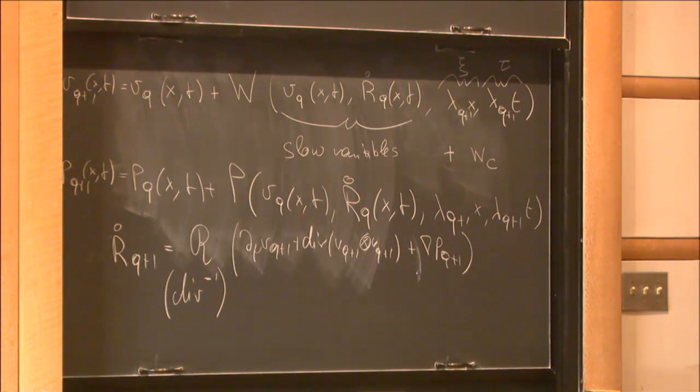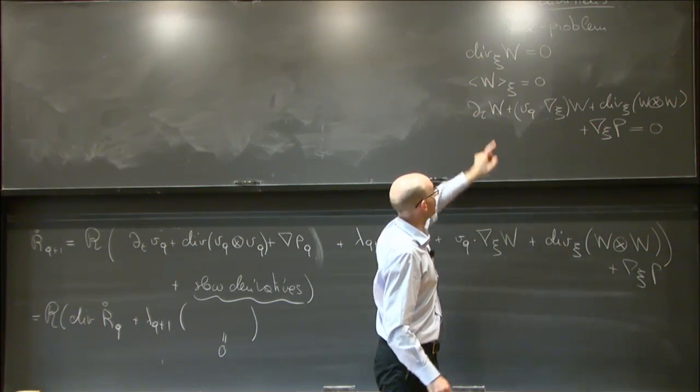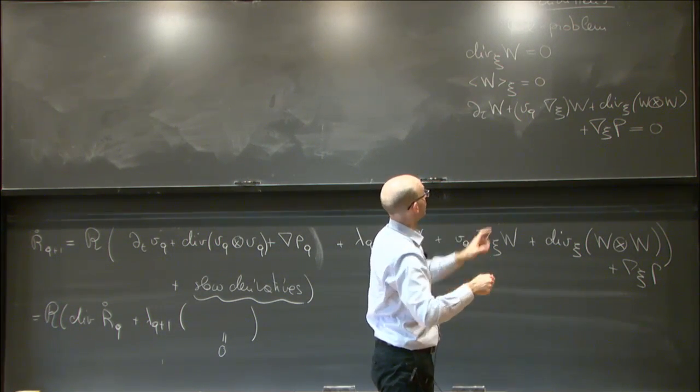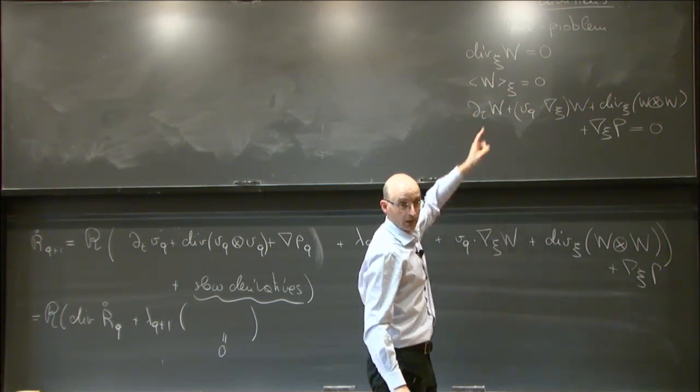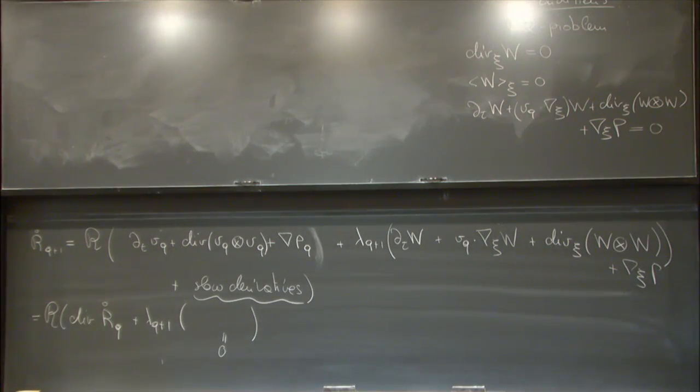So now to kill the slow derivatives, I need the average condition. And of course, anytime that I have W and I'm computing derivatives of W and W is linear, the 0 condition is still going to hold. But now you see something interesting, and that is that my system has resonances.